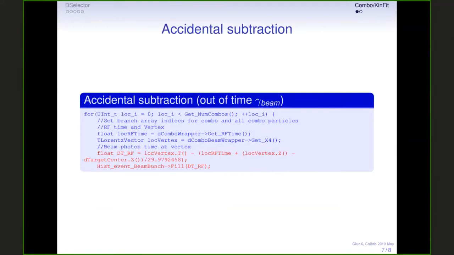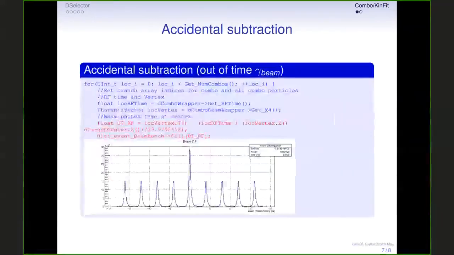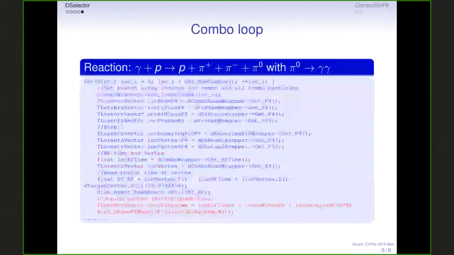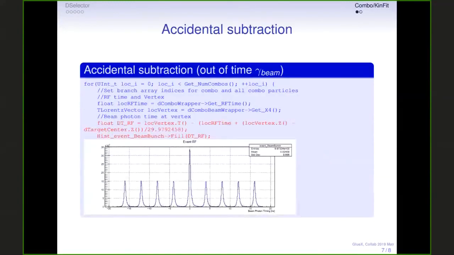Yes, I want to show it here again, because when you do that and fill it in, you get this histogram you have seen already many times. And with this, I should have said I come to the last slide, because what I want to talk about shortly is the accidental subtraction.